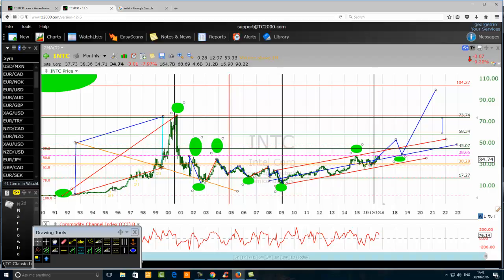So by using market geometry, there are other key levels that are popping up. The first one is at $45.07. The next one is at $58.34, and the last one is at $73.74. Those are the key levels that the professional and the most sophisticated investors are watching.